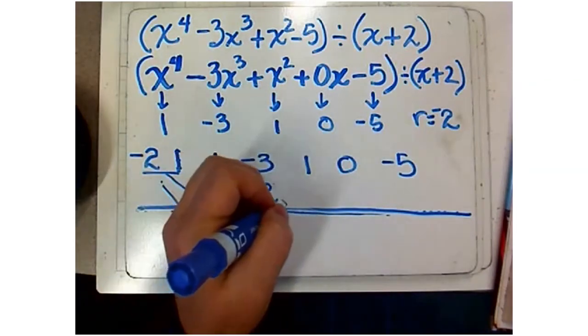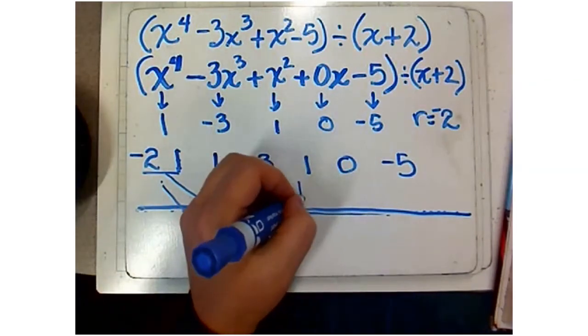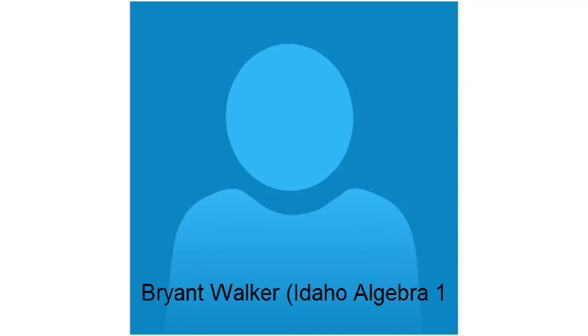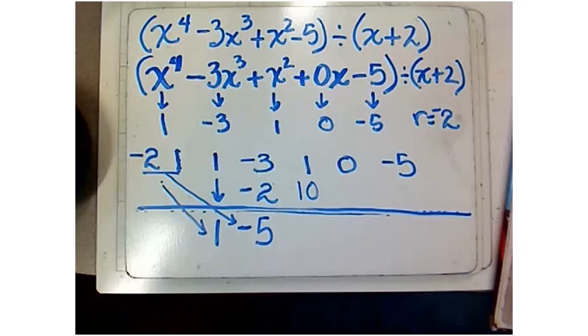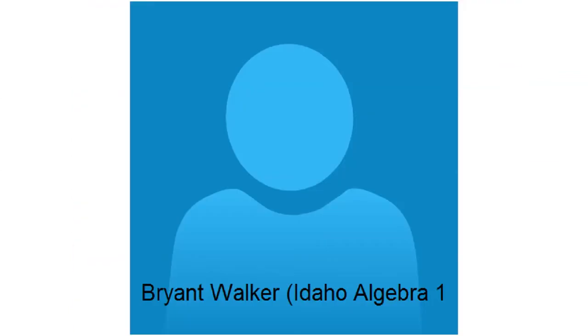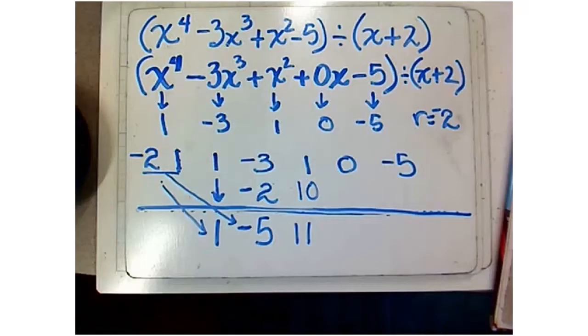Now, space over and scroll up and put your 10 underneath your 1. Combine or add, find the sum of 1 and 10. 11. Good. Put an 11 below the line, below 1 and 10.